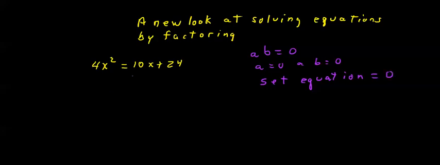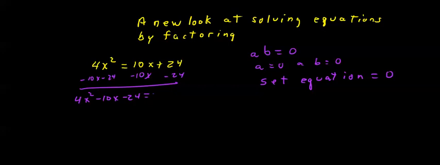So I'm going to subtract 10x to both sides, subtract 24 to both sides, and then I end up with 4x squared minus 10x minus 24 equals 0.